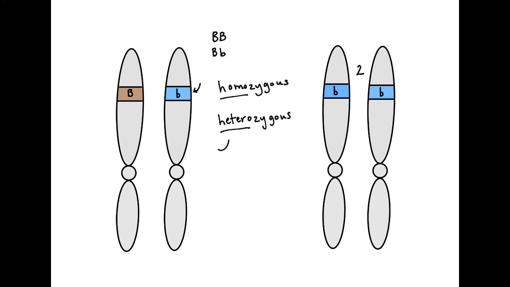So in this case, this would be heterozygous because it has 2 different alleles. It has big B, little b. And this example here with the blue eyes is homozygous because it's little b, little b. And then also that big B would be homozygous because, again, it has 2 of the same alleles. And that's your quick genetic review in a nutshell.